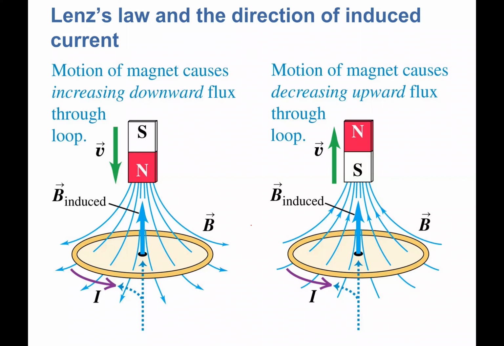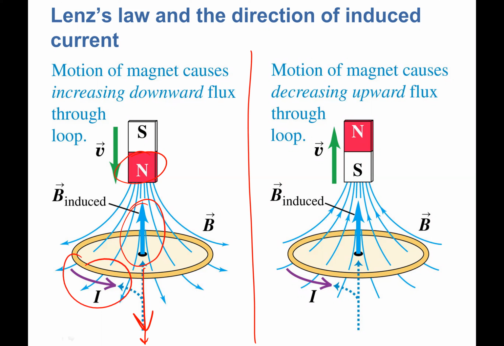This shows north moving toward the loop. If the north is moving in, the magnetic field strength starts increasing, so the loop generates a magnetic field in the opposite direction. That means it has to give you a counterclockwise current.